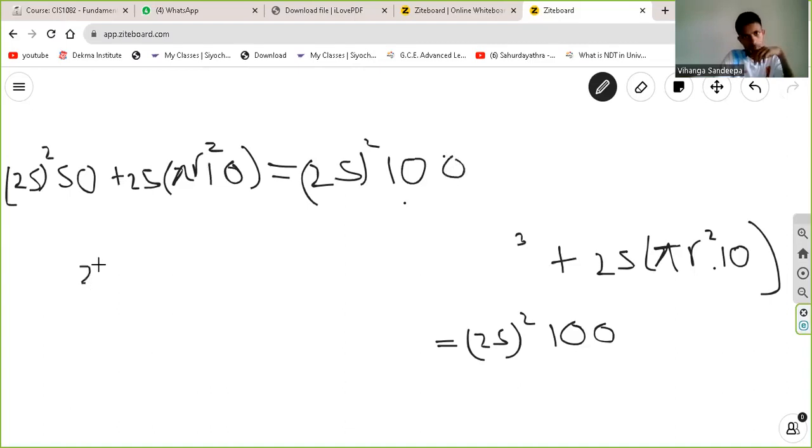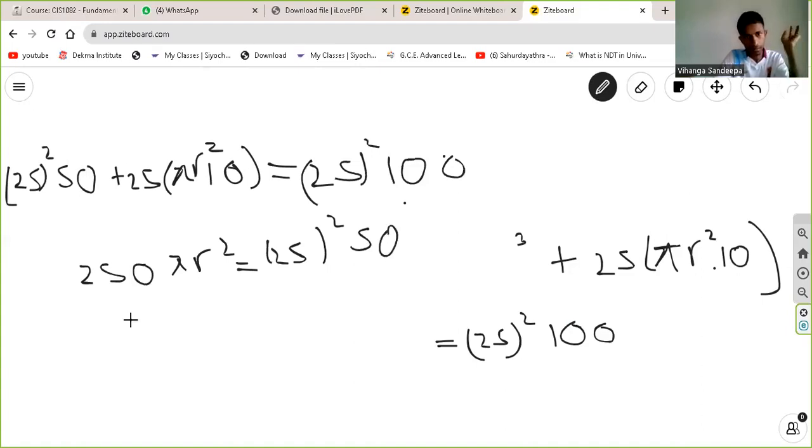Then 250 pi R squared equals 50 into 25. Then 25 pi R squared equals 25 into 25.